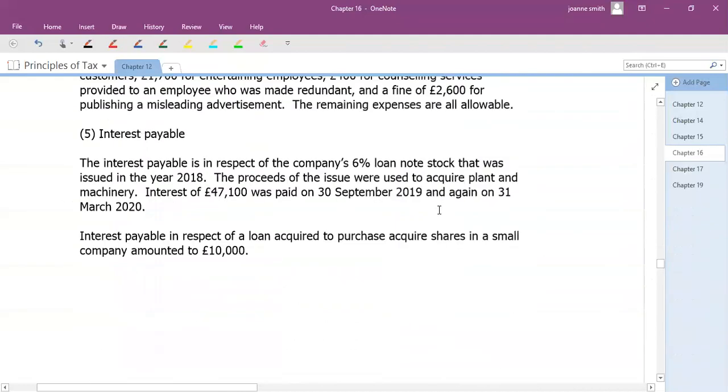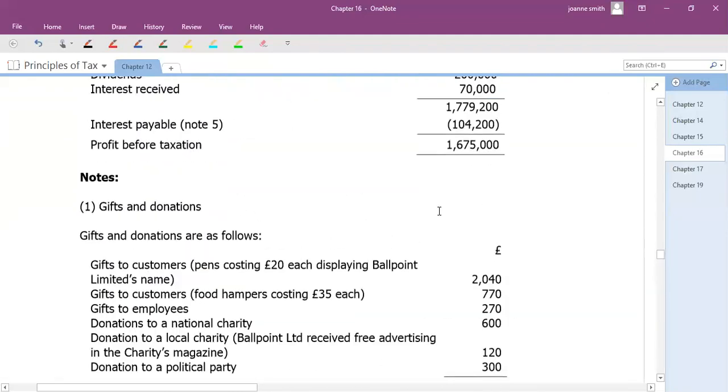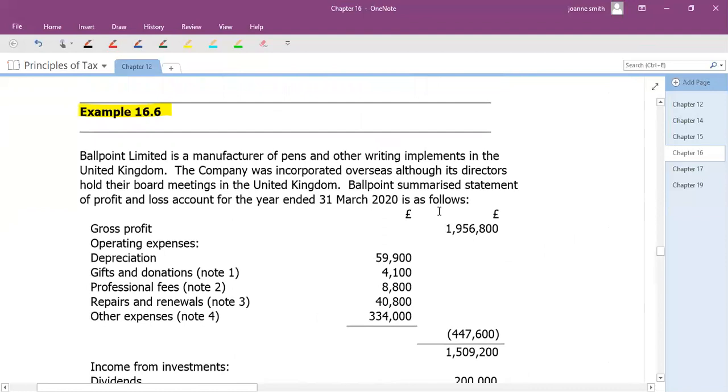Now, if we go back to the scenario at the beginning where it tells us about the business, it says Ballpoint is a manufacturer of pens and other writing implements in the United Kingdom. It was incorporated overseas, so that's not going to make it a UK resident company because it's not incorporated in the UK, but the directors hold their board meetings in the UK.